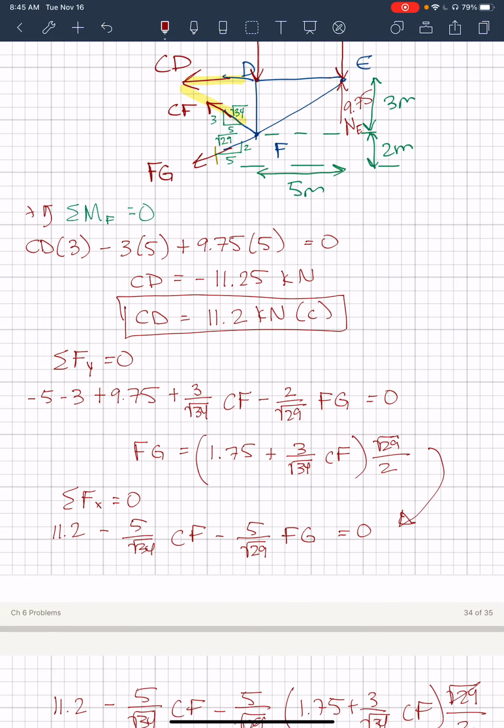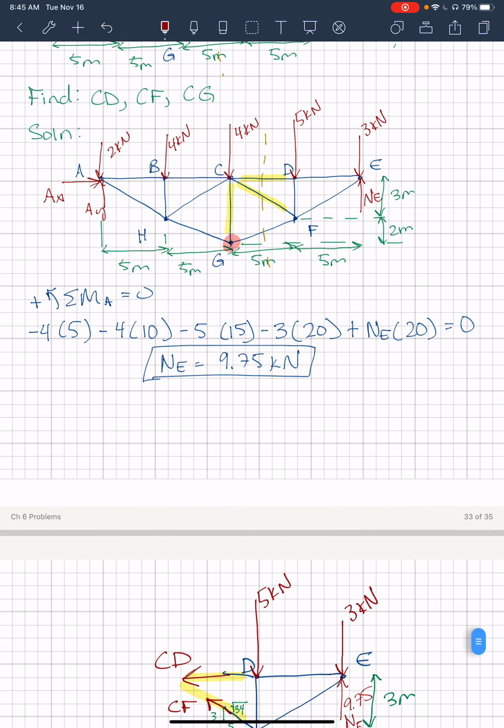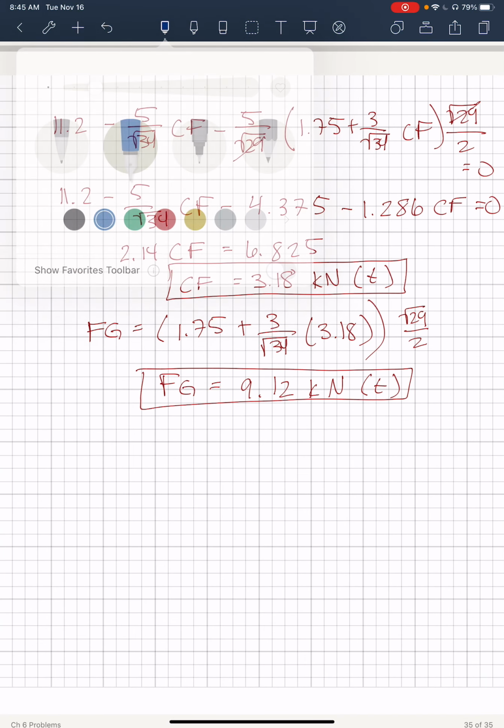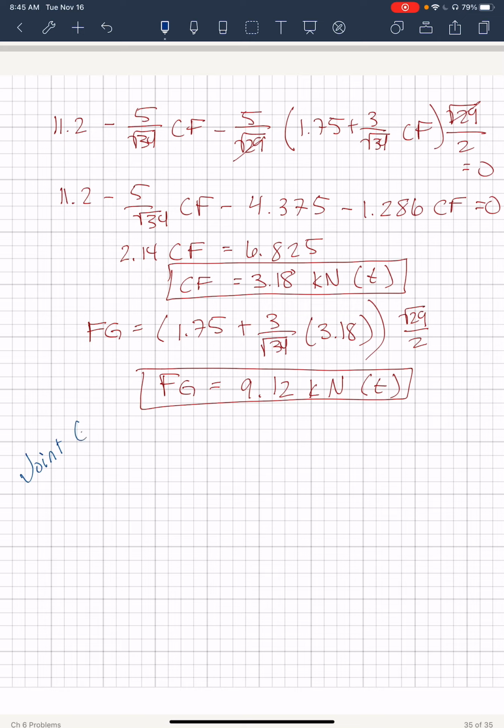Okay, so now I can go to that joint G. So I'm going to draw that free body diagram for joint G. So for G, we have GH, we have CG, we have FG, which equals that 9.12 kilonewtons.